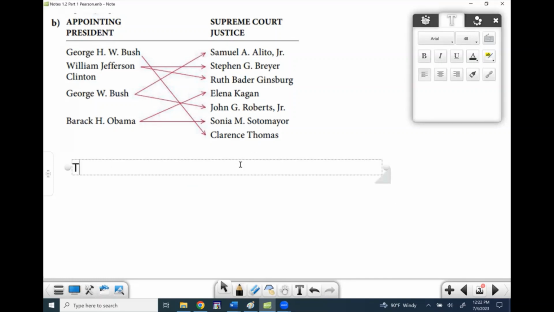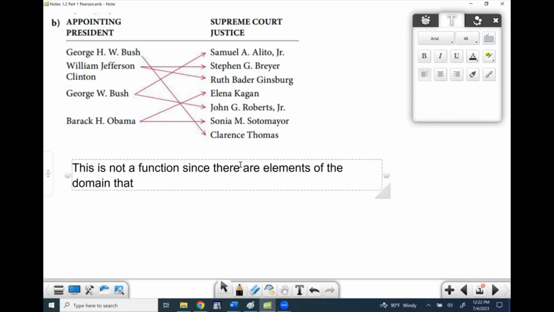This is not a function since there are elements of the domain that have 2 arrows coming out of them.